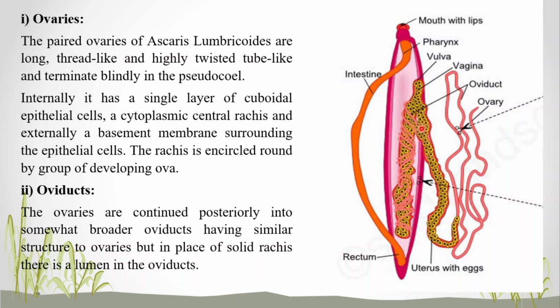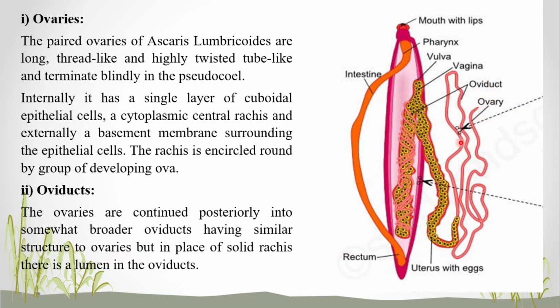See here, a pair of ovaries. This is the first ovary and the supercoiled structure here is the second ovary. The end is blind, so it is terminated blindly.